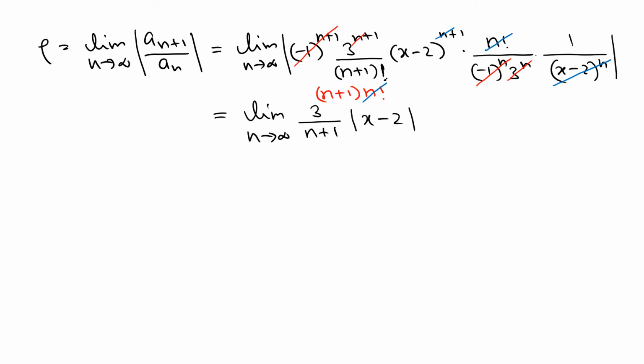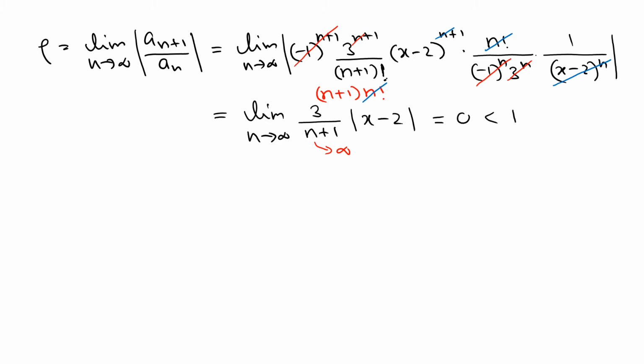Okay, now we can take the limit. For fixed x, n goes to infinity. So for fixed x, x is a fixed number, and n goes to infinity, so this limit is simply 0. That means this is less than 1.